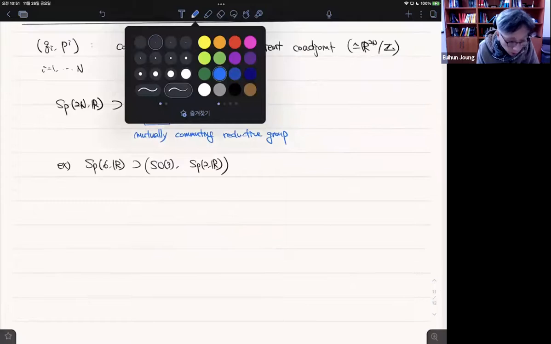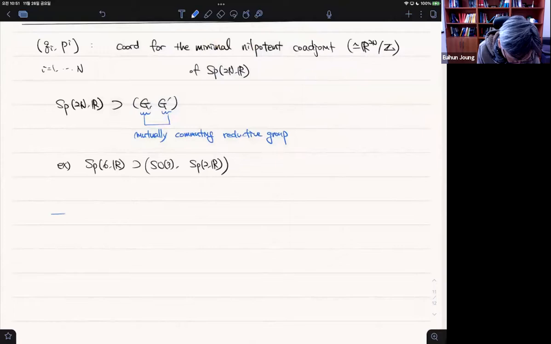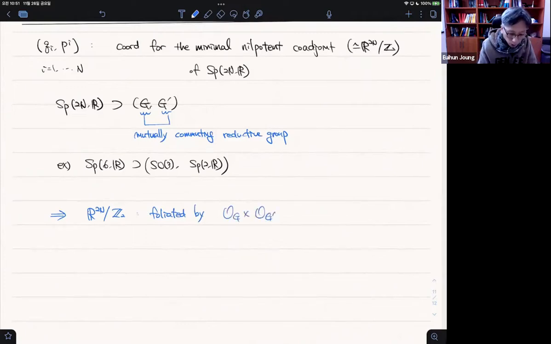And then what will happen is that in the end, the nilpotent orbit will be simply foliated by the orbit of G times the orbit of G prime, and in this foliation, these two come in one-to-one correspondence.